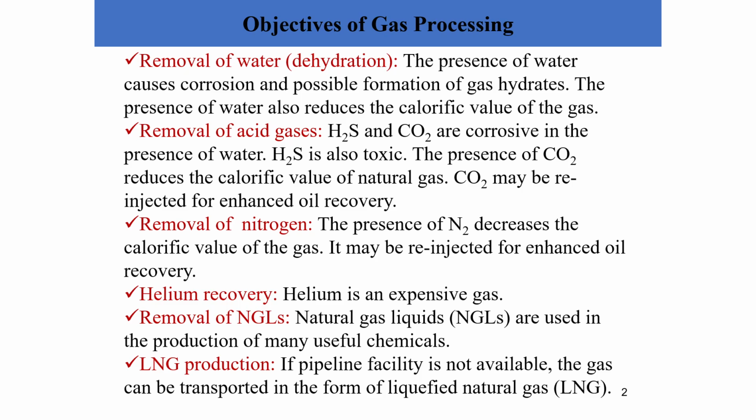And the LNG production. We have already discussed most of these points in the past few lectures, but now we're just going to emphasize them, because these are the main components that we will discuss in this chapter as well.